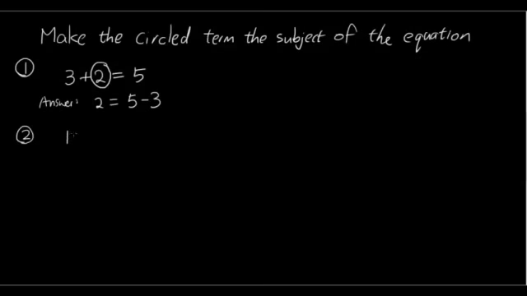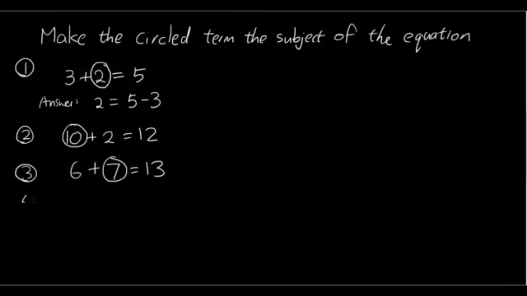Okay, so let's do 10 plus 2 equals 12, and I want 10 to be the subject. 6 plus 7 equals 13. Let's make 7 the subject. Let's do something different. 25 minus 10 equals 15, so 5 plus 10.